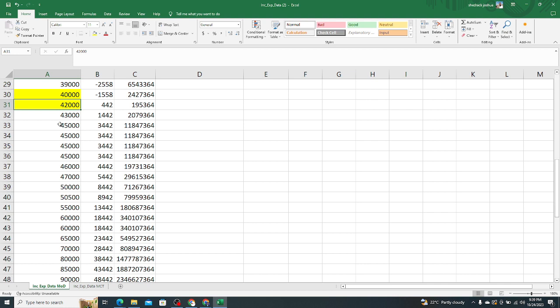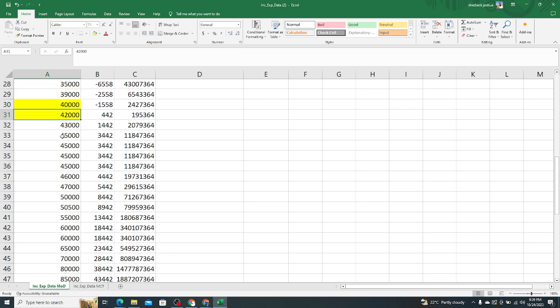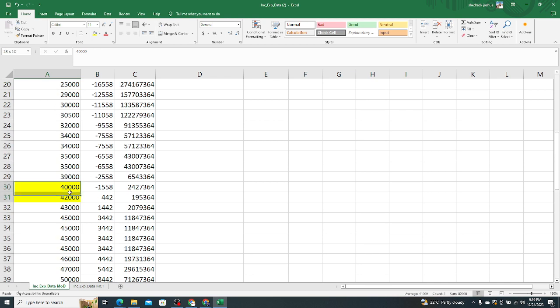The variability moves from moderate to high, from a small difference to a big difference from the mean. I don't know if that is clear.